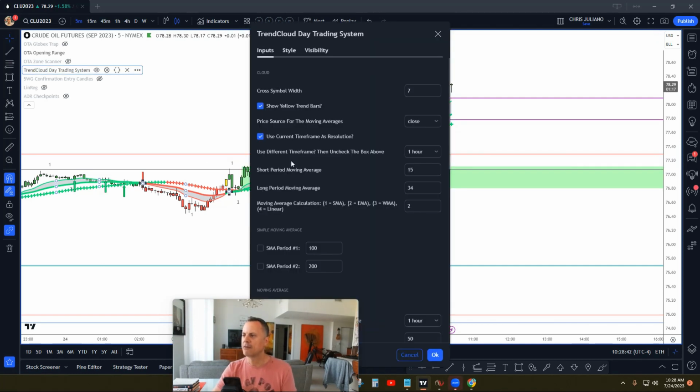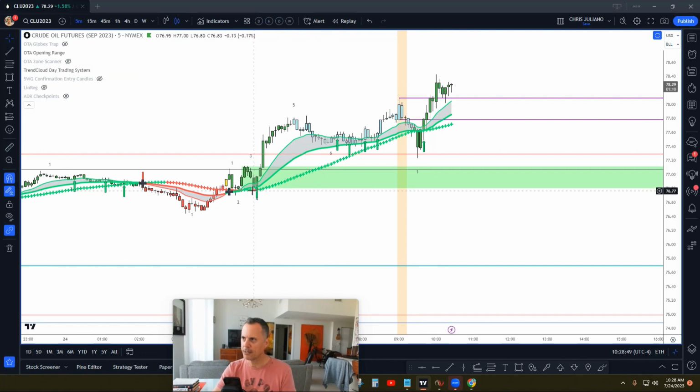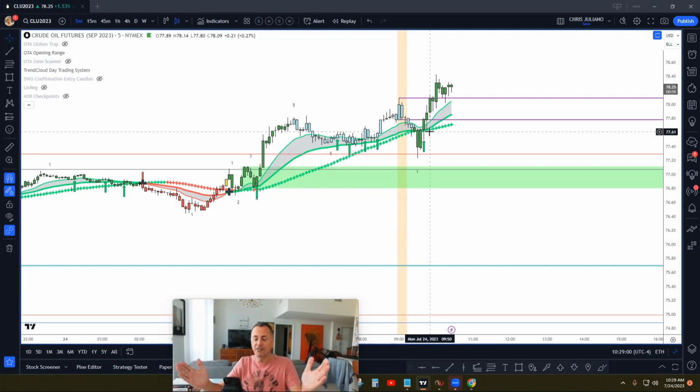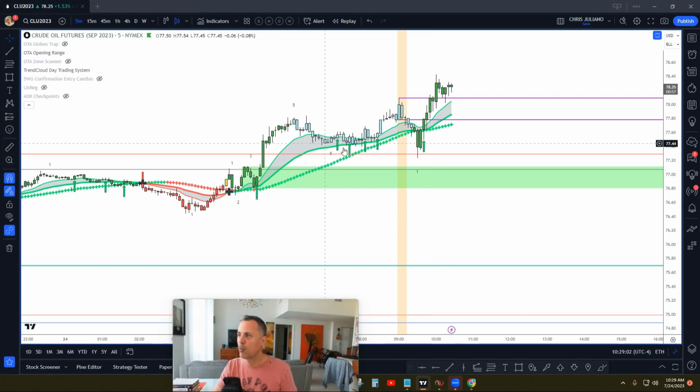And if you go into the diagnostics here, you'll see 15 and 34. That makes up your trend cloud. All right. So yes, it's extended. What does that mean? It means it wants to close somewhere below the 50. That gives you an idea of where the demand zone is going to be.